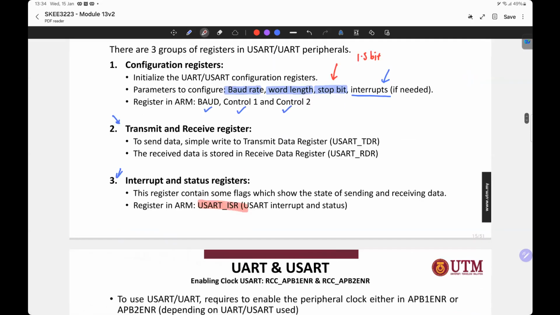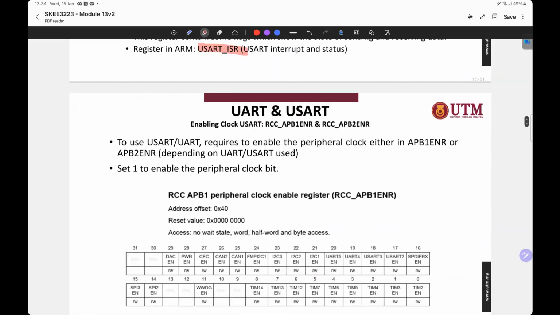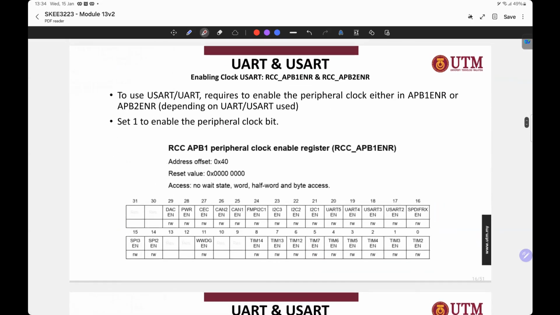Now we move on to the very first register. This is important. Every time you're going to use a USART, or a GPIO, or the interrupt, you need to enable the clock of that particular peripheral.